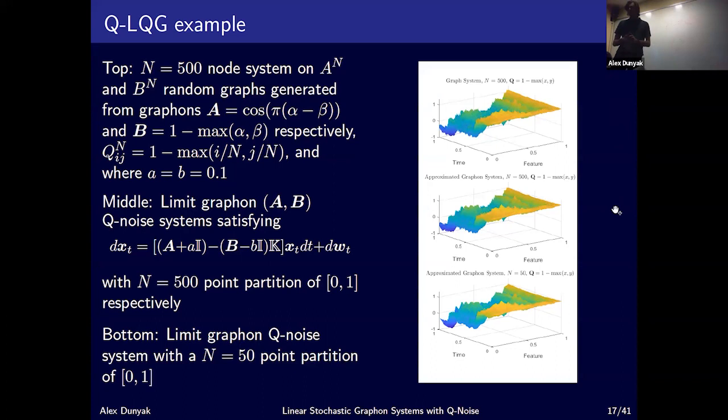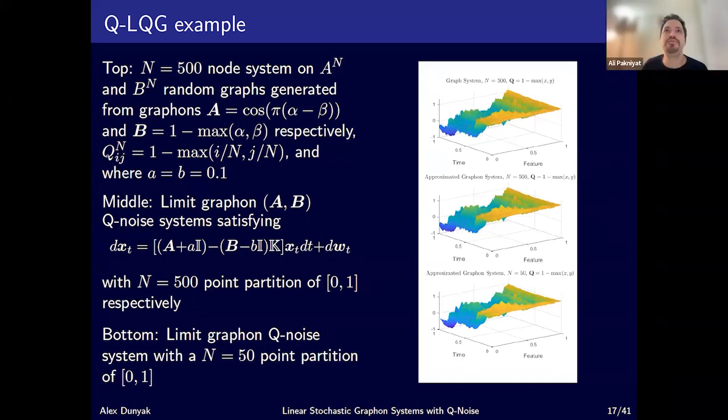Then in the middle here, we're approximating the graphon system on 500 grid points of the unit interval, by partitioning it into 500 subintervals, taking the midpoint of each interval and evaluating the system on those grid points using the smooth graphons A and B directly, as well as the same sample path, because we're assuming that the Q-noise converges. And you can see that, yes.